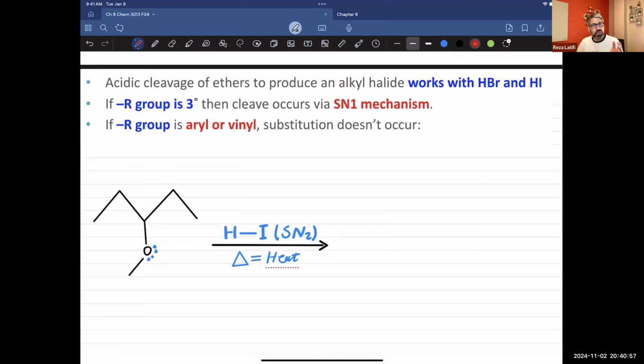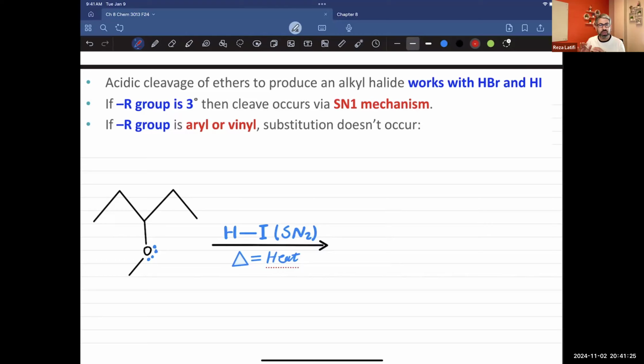Now, the acidic cleavage can happen when you have a methyl, primary, or secondary carbon. But if you have a tertiary carbon, then the mechanism will go through SN1 instead of SN2. Or let's say you have a conjugated system, a ring or a double bond involved.